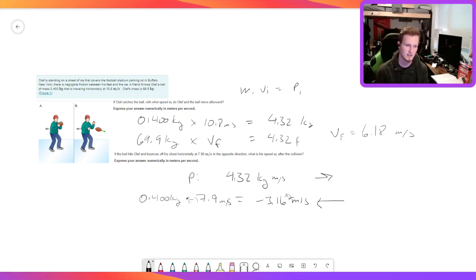So in this case, the delta P, or the impulse, is going to be equal to our good friend Olaf here and how fast he's going to be moving. So we're going to have his mass of 69.5 kilograms multiplied by the velocity.